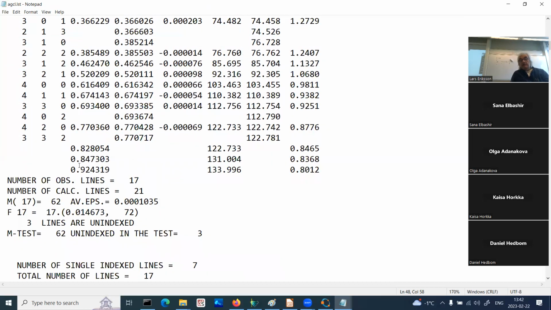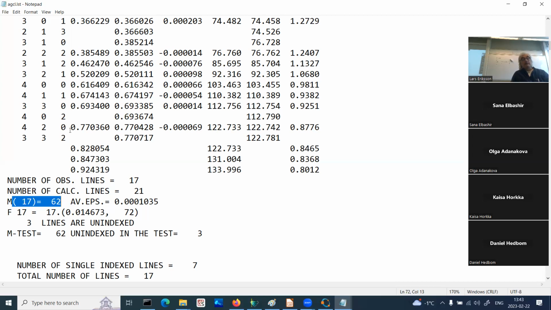But actually, since there are 3 unindexed lines here at the bottom, it's definitely wrong if it's a single phase. If these 3 are not impurities, then we can't use this unit cell, even though the figure of merit here is 62, the Wolff figure of merit, which is very large and quite good.